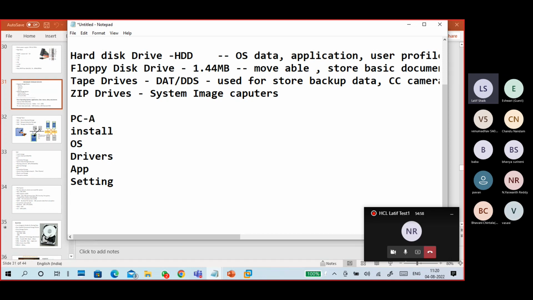In PCA, first you install the operating system, then drivers, applications, and do the settings. Then go to PCB, PCC, or PCA1, PCA2, PCA3. Like this, we can do it for 20 computers: install the OS first, then drivers, then settings.